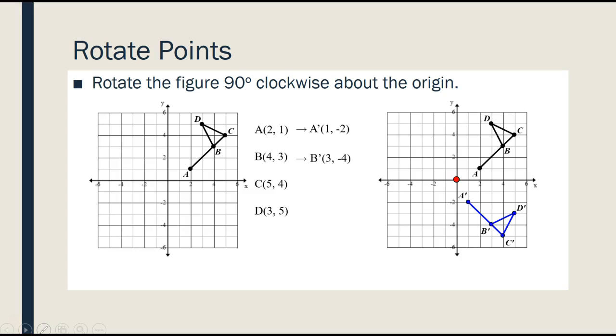B prime is at 3, -4. C prime is at 4, -5. What do you think the coordinates for D prime would be? And what pattern do you think we've established?